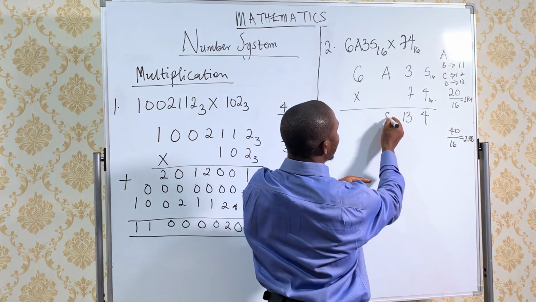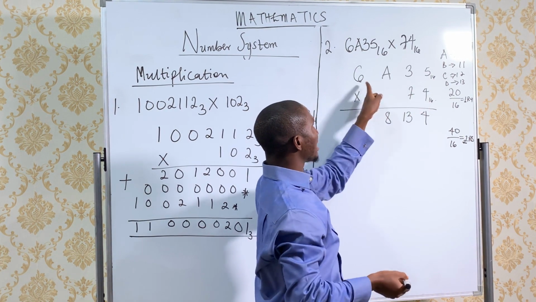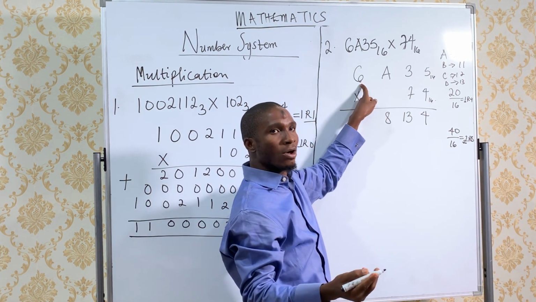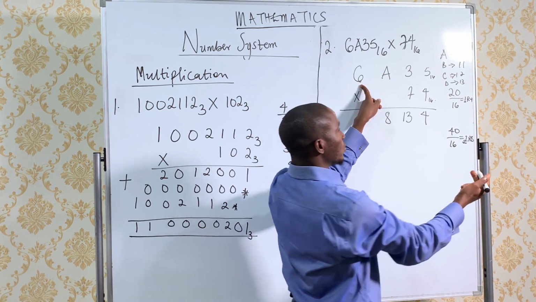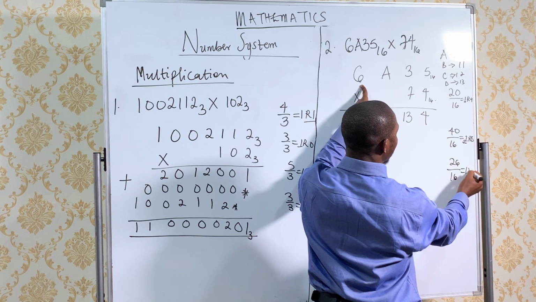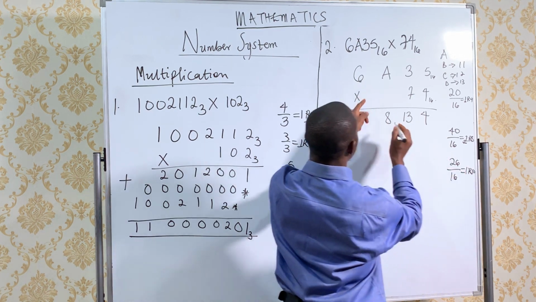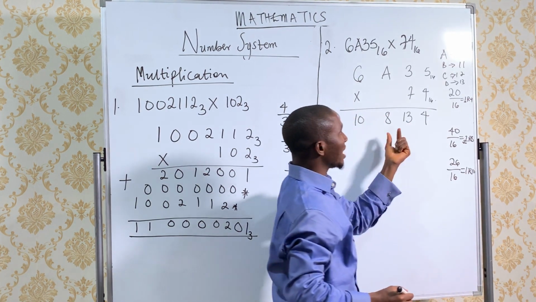So we bring down 8. So we carry these 2 to the next number. 4 times 6 is 24, plus these 2 you are carrying, that makes it to be 26. So 26 in 16, that will be 1, remainder 10. So bring down 10. Don't forget that this 10 is A, but we can change that later.